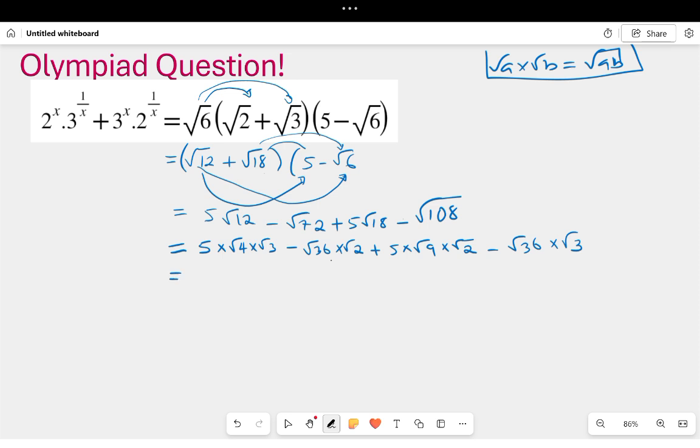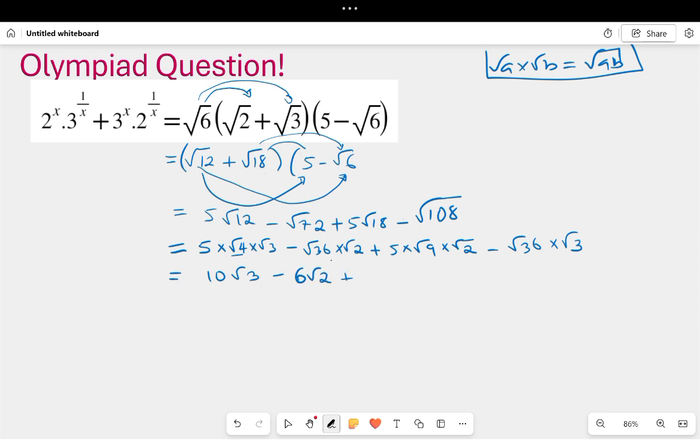Simplifying further, the square root of 4 is 2, so 5 times 2 is 10 root 3. Minus the square root of 36 root 2, so it is 6 root 2.